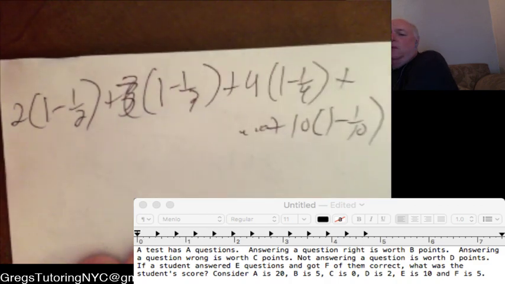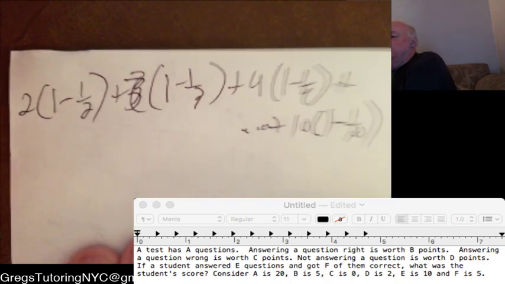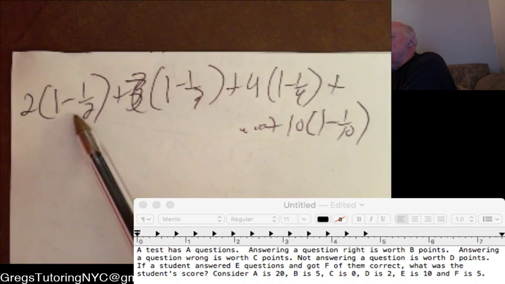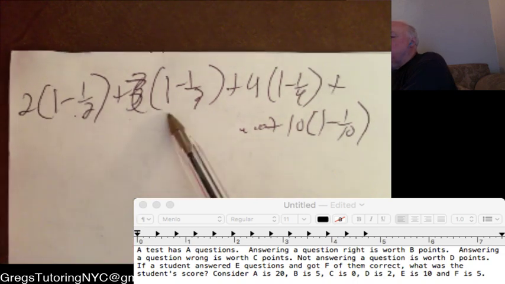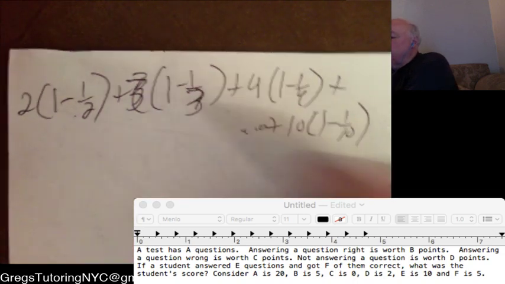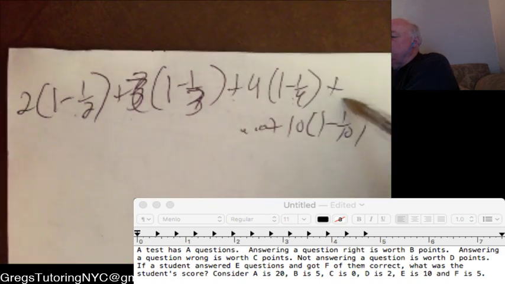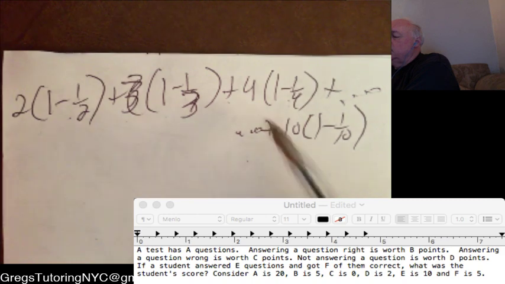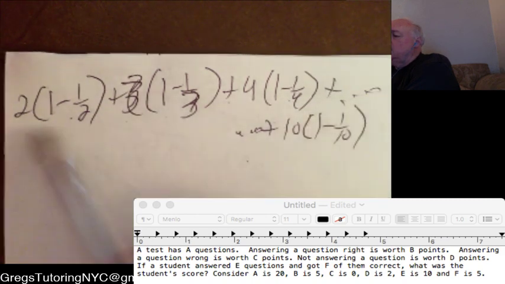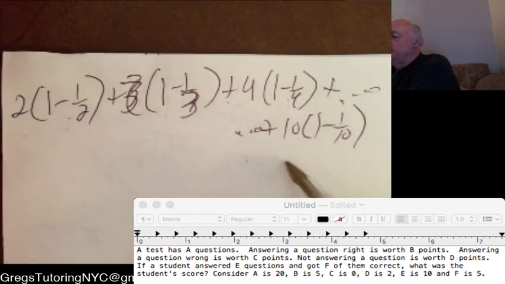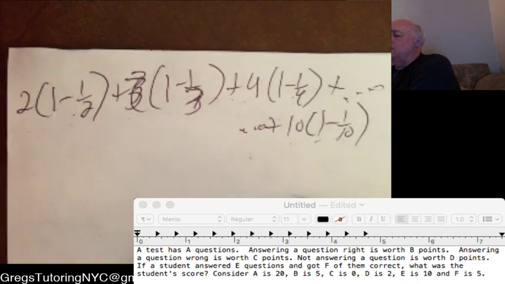Okay, what does that resolve to? So I have 2 times 1 minus half, 3 times 1 minus a third, 4 times 1 minus a quarter, plus... So the rest of the missing info is analogous to this pattern, up to 10 times 1 minus a tenth. So what do we get there?